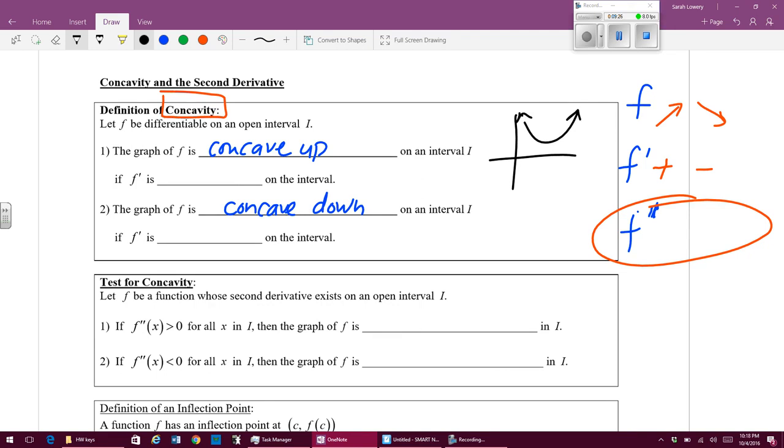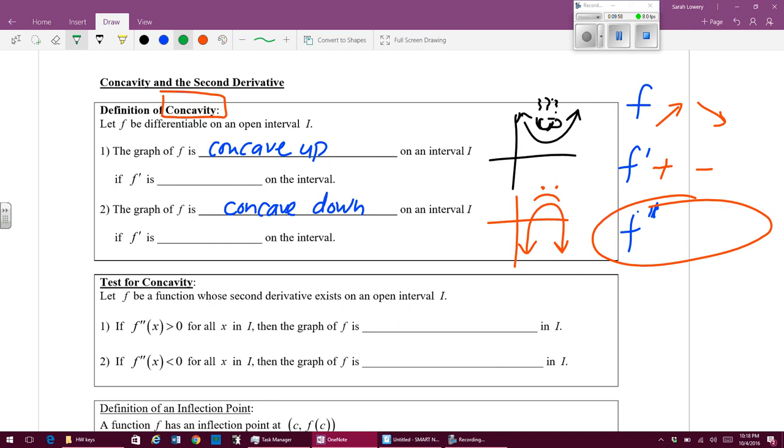So she actually drew a little cup of coffee. So concave up like a cup, and that's a pretty terrible drawing of coffee. And when we talk about concave down, we're saying concave down like a frown, okay? And we can determine the concavity or bend in our graph based on what the second derivative is doing.